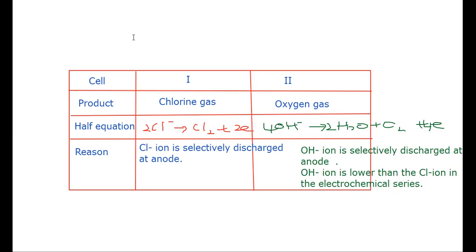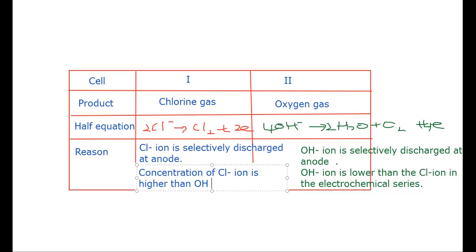Now, what about the set 1? This time, we are going to write, why is the chloride ion being selectively discharged? The factor is the concentration. Therefore, we are going to say the concentration of chloride ion is higher than the hydroxide ion.